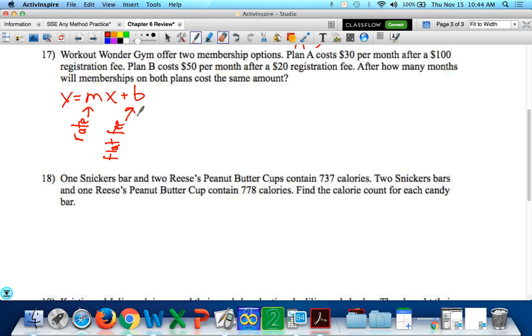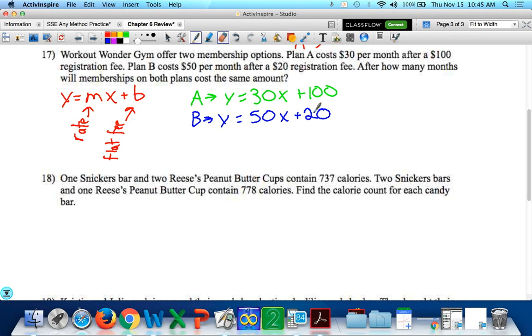And if that's how both of these work out, I can just go ahead and write my 2 equations. For gym A, I have y equals the rate. The rate was $30 per month plus 100. For gym B, my y equals my rate, which was $50 a month, okay, plus a $20 registration fee.